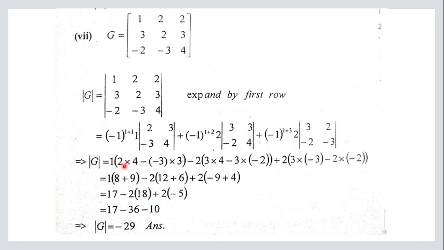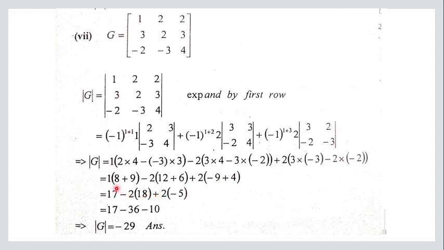1 over here, 4 twos are 8, minus minus plus 3 threes are 9. Minus over here 2 and then 3 fours are 12, minus minus plus 3 twos are 6. And then plus 2 and then 3 multiply minus 3 is minus 9 and then minus 2 multiply minus 2 is plus 4.